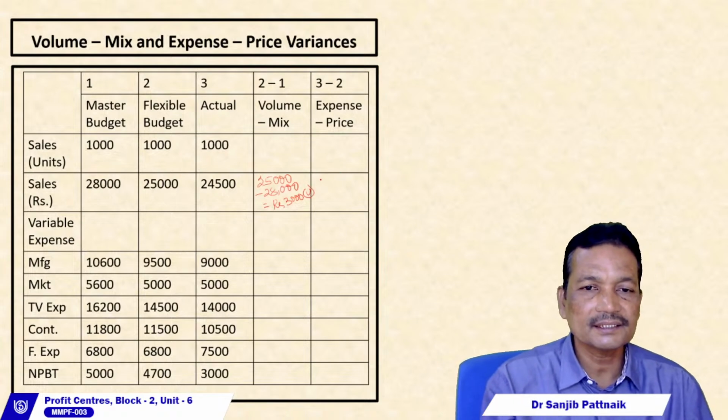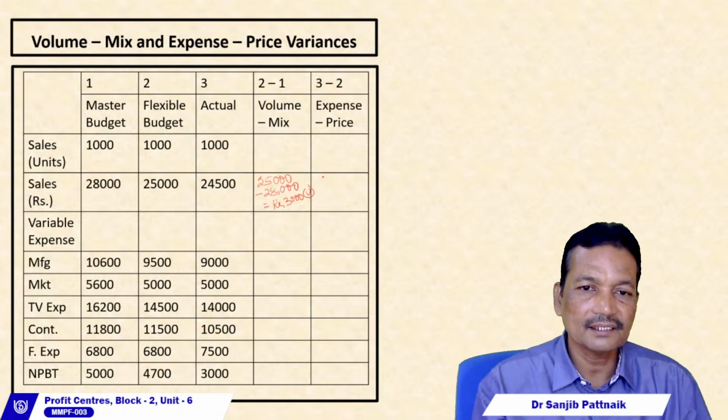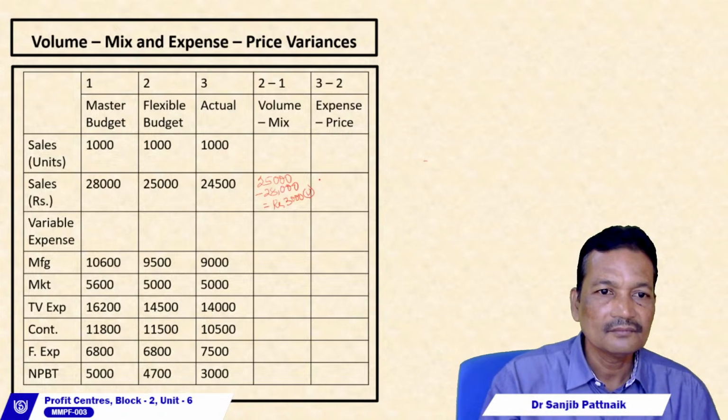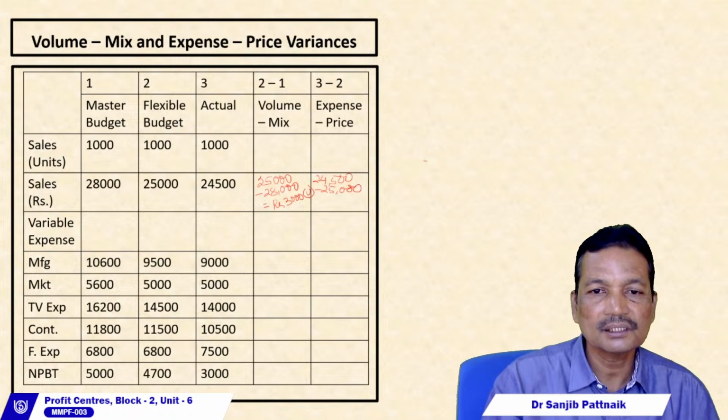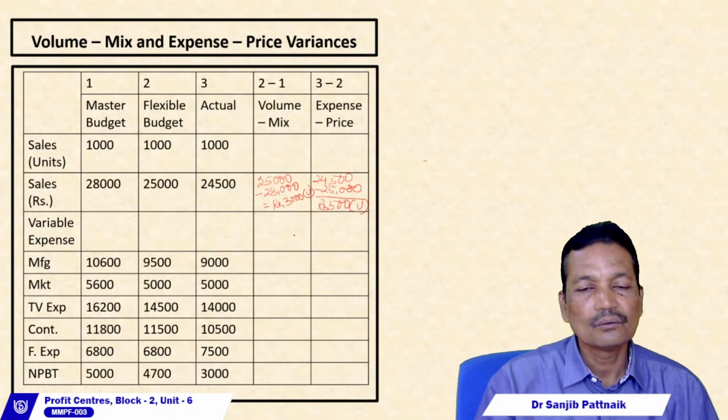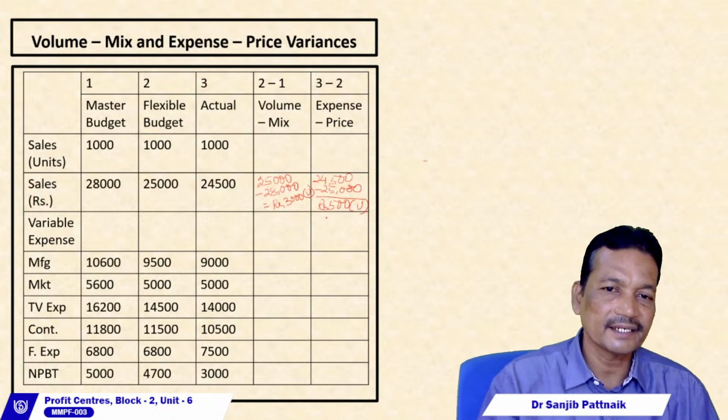Similarly, expense variance if I take, then 24,500 minus 25,000. So I get 500 unfavorable. What it means? Unfavorable means negative.